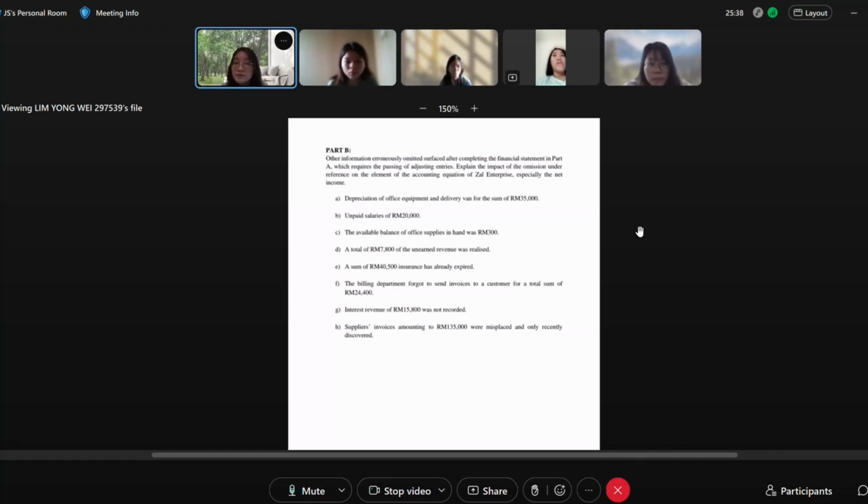So A, depreciation of office equipment and delivery van for the sum of 35,000 will affect the asset. Yes, I think the asset and owner equity will decrease because the expenses will increase, so the net income will decrease. Then the unpaid salaries of 20,000 will affect the expense.